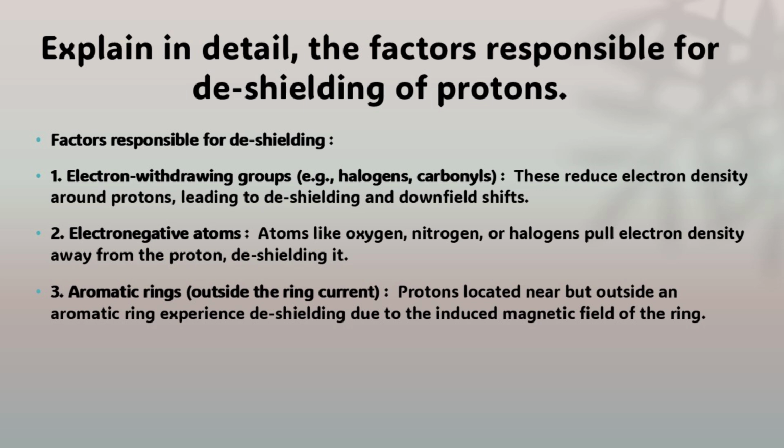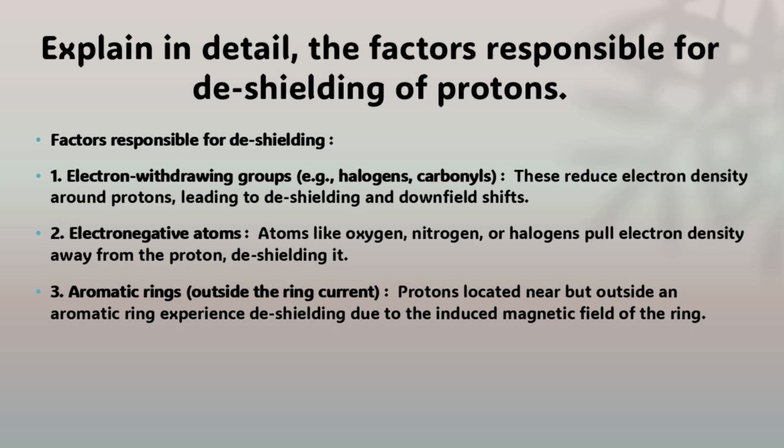Explain in detail the factors responsible for deshielding of protons. The answer to this question is factors responsible for deshielding. 1. Electron withdrawing groups, for example halogens, carbonyls, reduce electron density around protons, leading to deshielding and downfield shifts. 2.